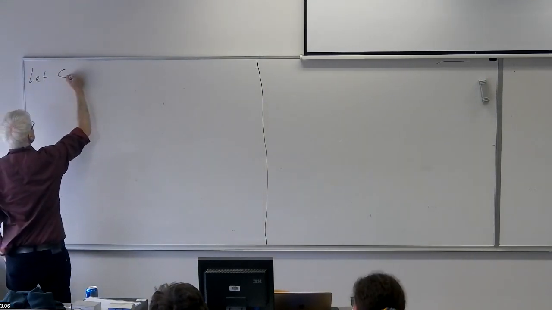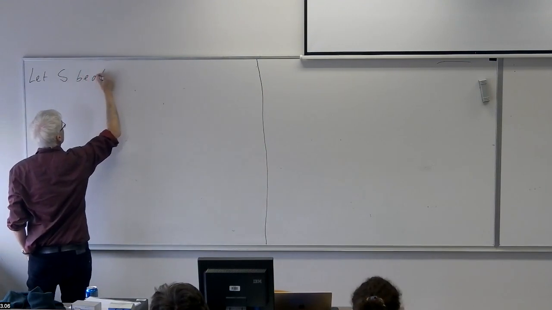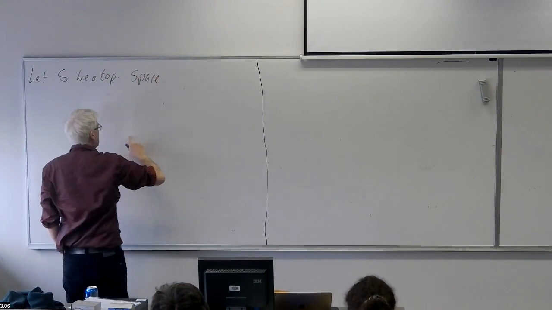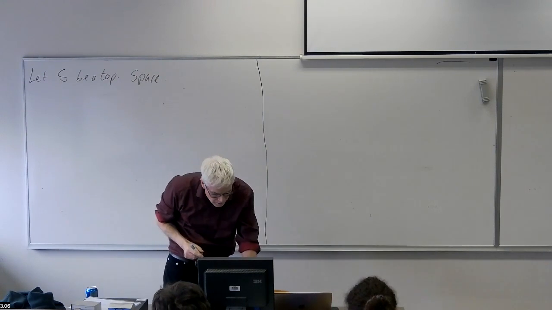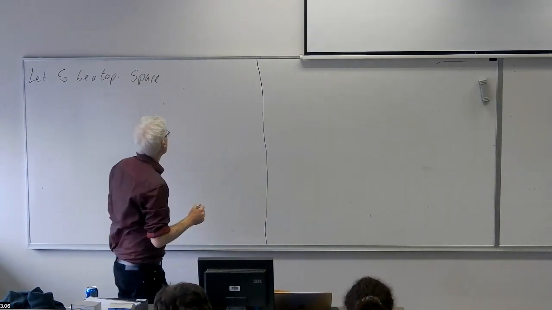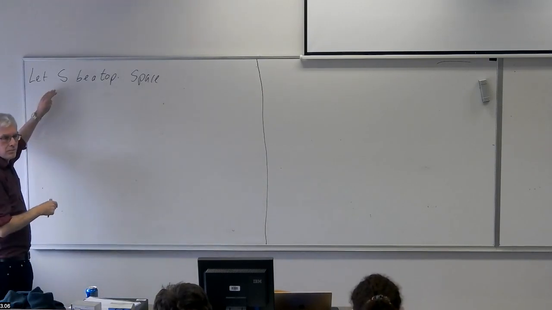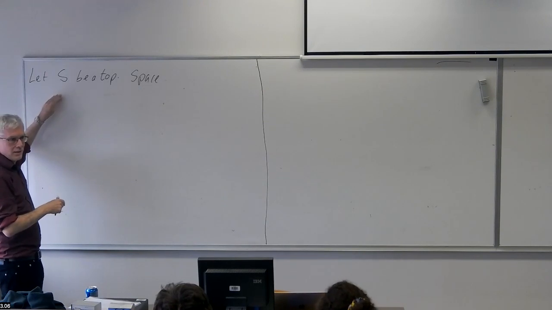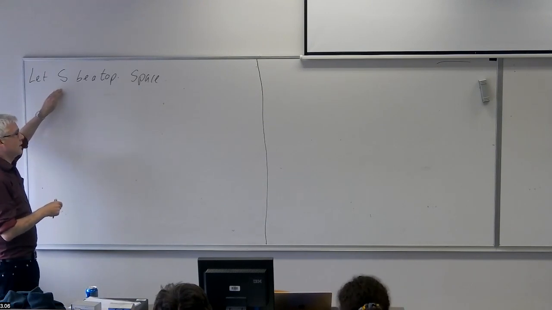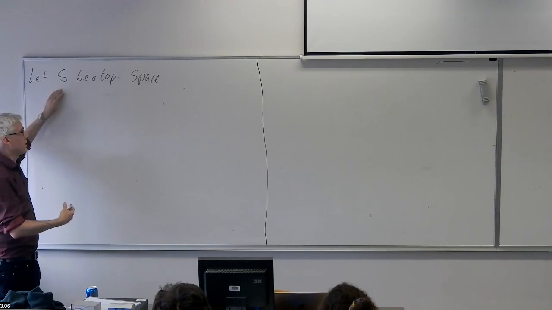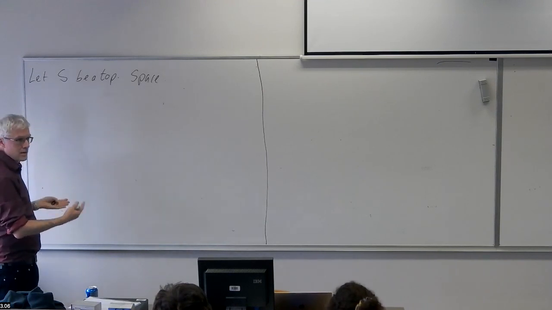So let S be a topological space, any topological space. And we're going to define a presheaf related to this. So a presheaf needs to be associated with a category. And the category we take here is the category determined by the partial order of open sets. So the collection of open sets is a collection of subsets.